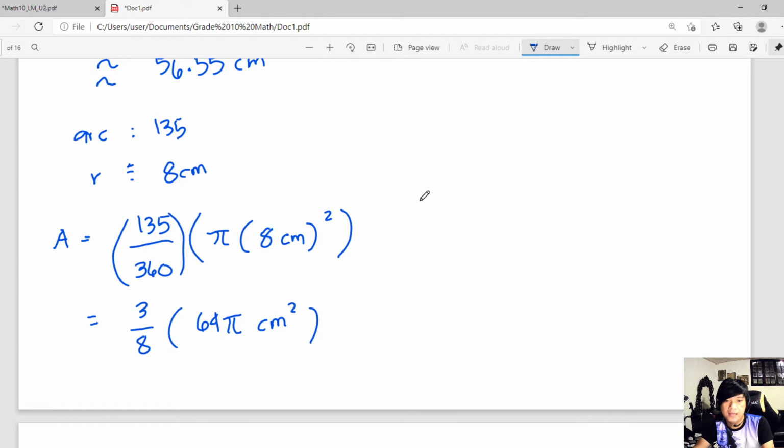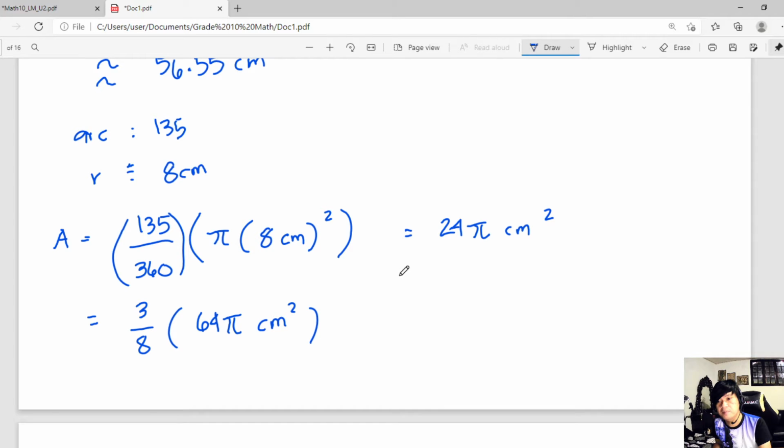Then we have, sige, kunin natin ang 3/8 ng 64. So 3/8 of 64 is 24. So we have 24 pi centimeter squared.